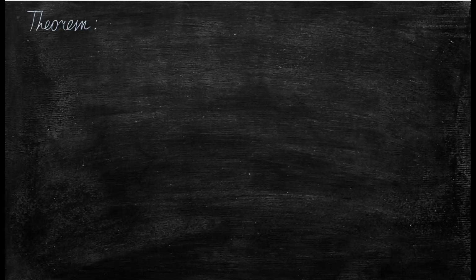So essentially, we're going to learn a theorem. It's a very short theorem. It only has like 5 words. But in order for us to learn this theorem, we have to introduce and understand the following terms. We have to understand what a monotone sequence is.